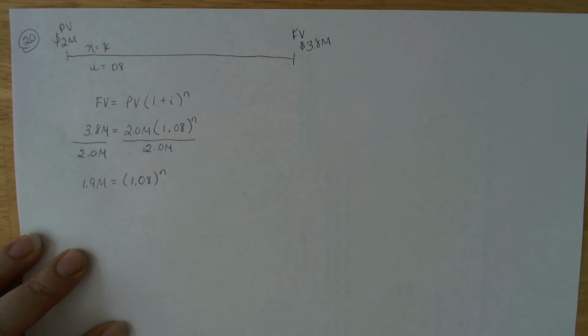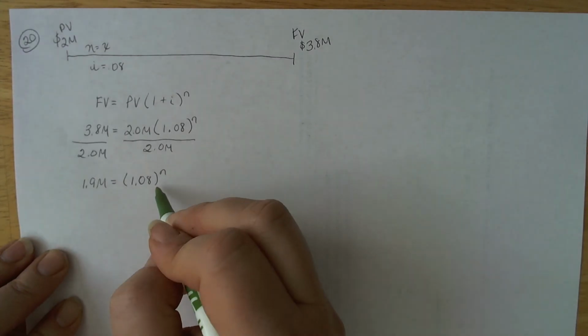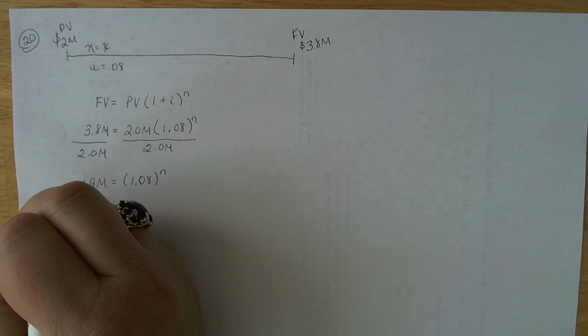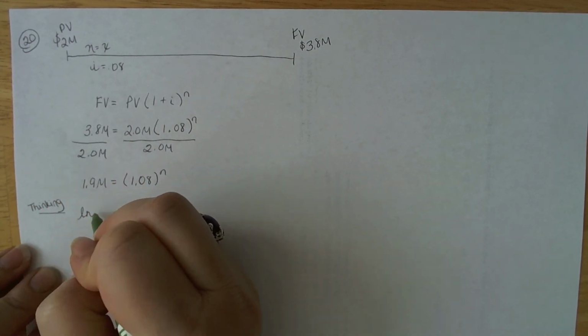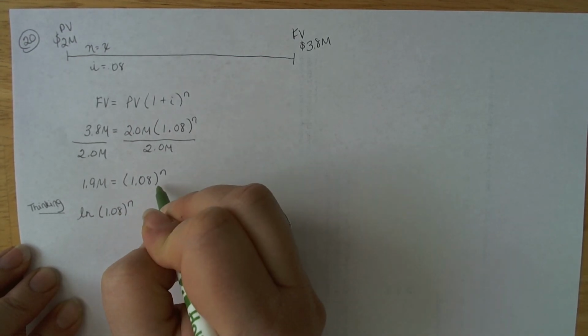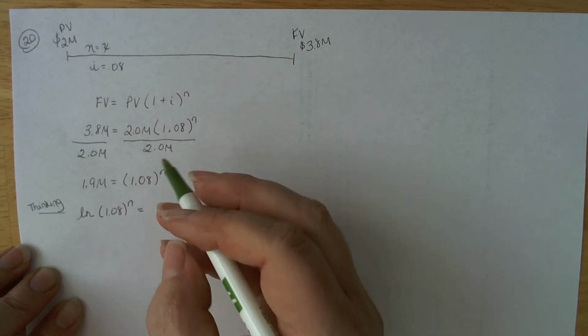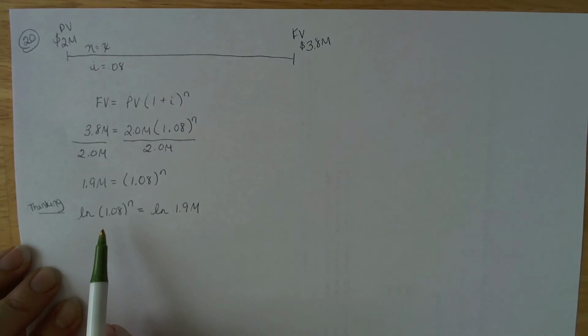Okay, so now right here we need to get the n where we can deal with it, right? So what we're going to do is take the natural log. This is what I'm thinking, all right? So let me put this right here, thinking. I'm going to take the natural log of 1.08 to the n, which is this right here, and that's going to be equal to the natural log of 1.9 million.